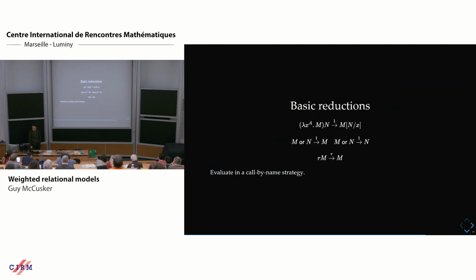So how does that go? Like this. So your standard reductions from the lambda calculus just get imported with weight 1, the multiplicative unit of the semiring. The non-deterministic choice can go left or right, each with weight 1, and this little scalar multiplication will just produce a scalar on the arrow and reduce to m.